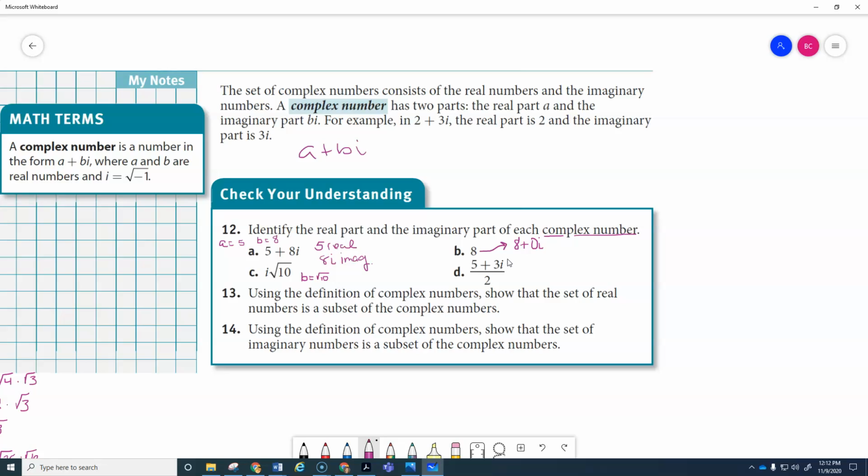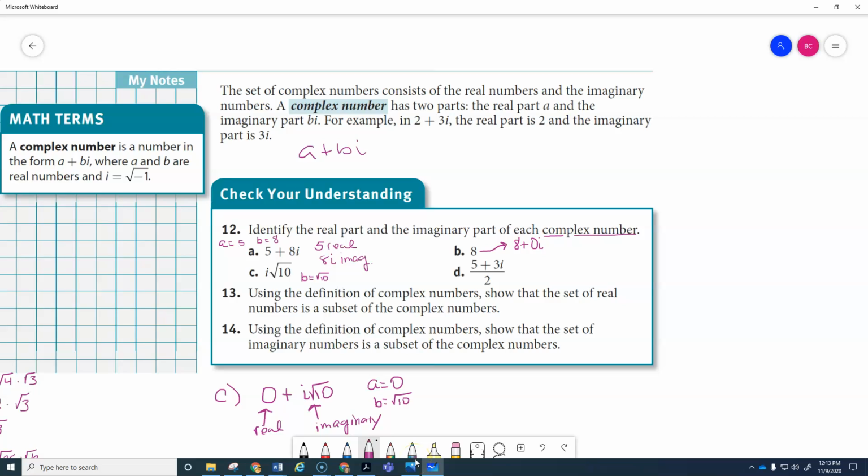This one can be rewritten as 0 plus i square root of 10. So this is the real part, and this is the imaginary part. You could tell me that the value of a in this complex number is 0, and the value of b is the square root of 10.